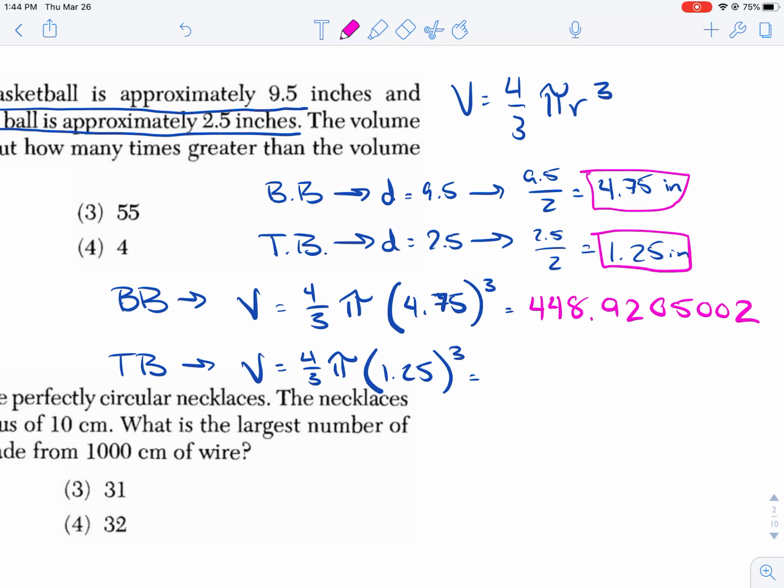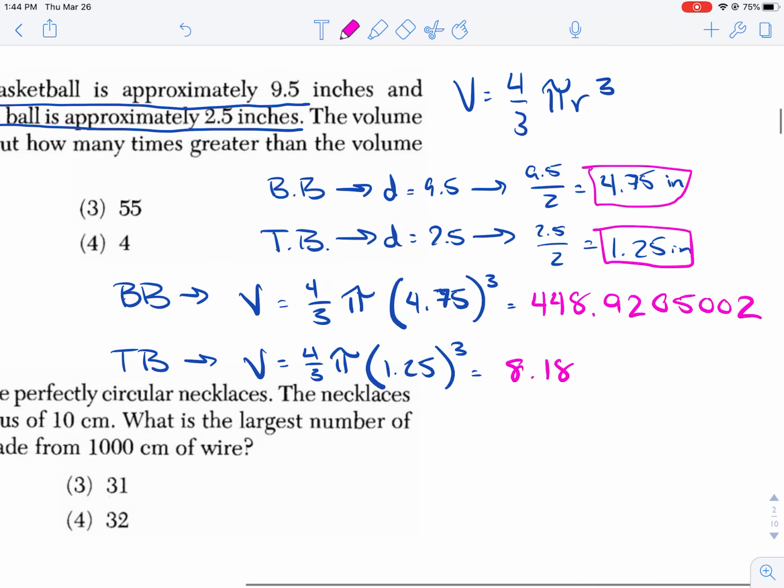And for the tennis ball, you should have gotten 8.180869. All right, oops, what did I forget? I've forgotten my units. This is inches cubed, and this is inches cubed.